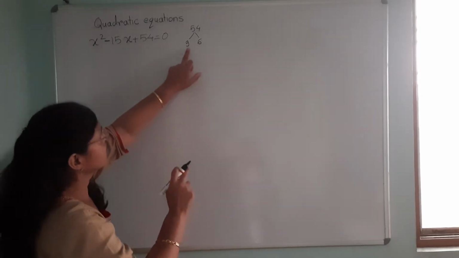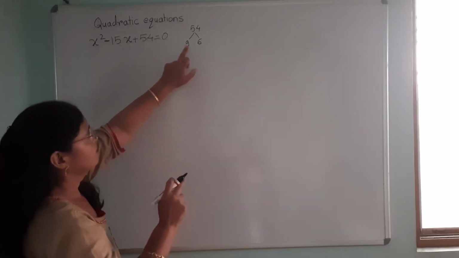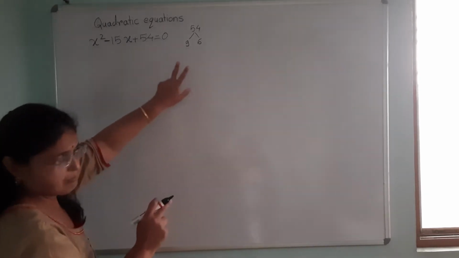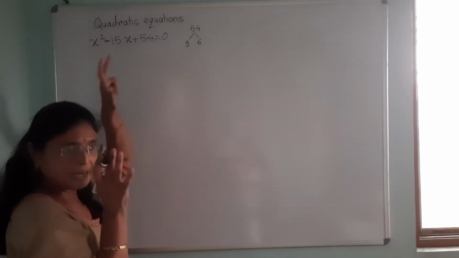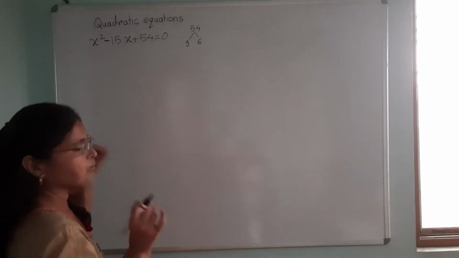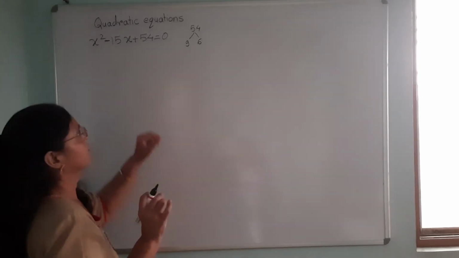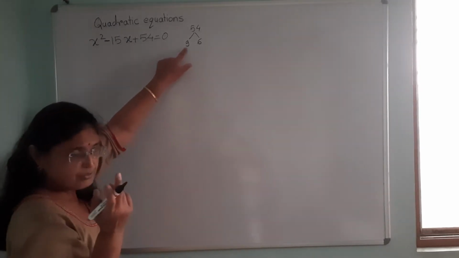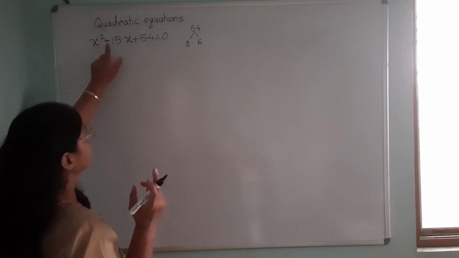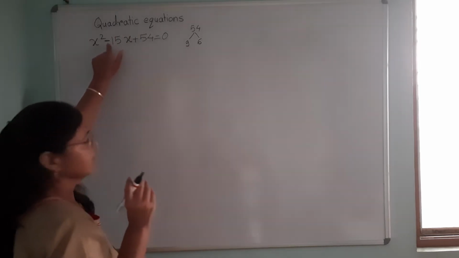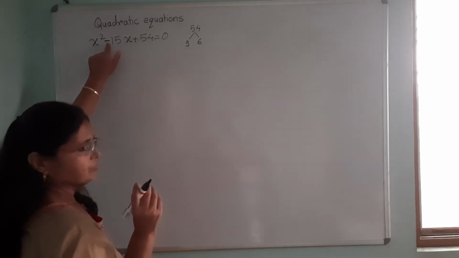Now what should be the sign of these two? The signs of these two should be the same because we are going to add them. That means they both have the same sign, which is the sign of the middle term.